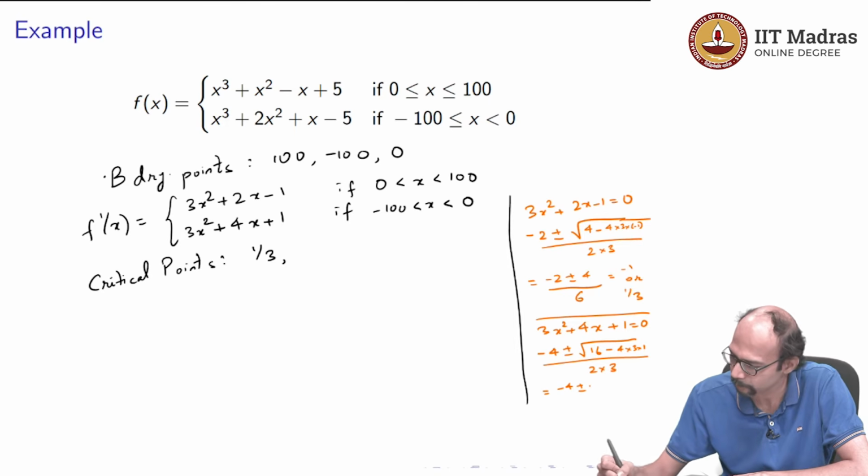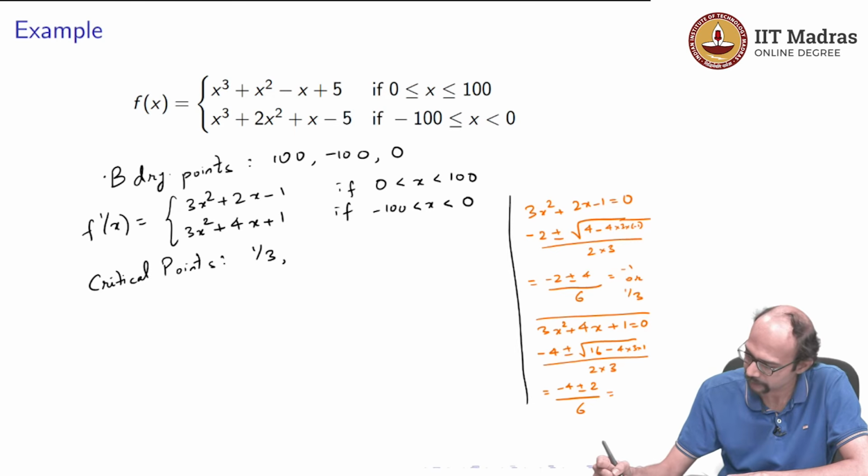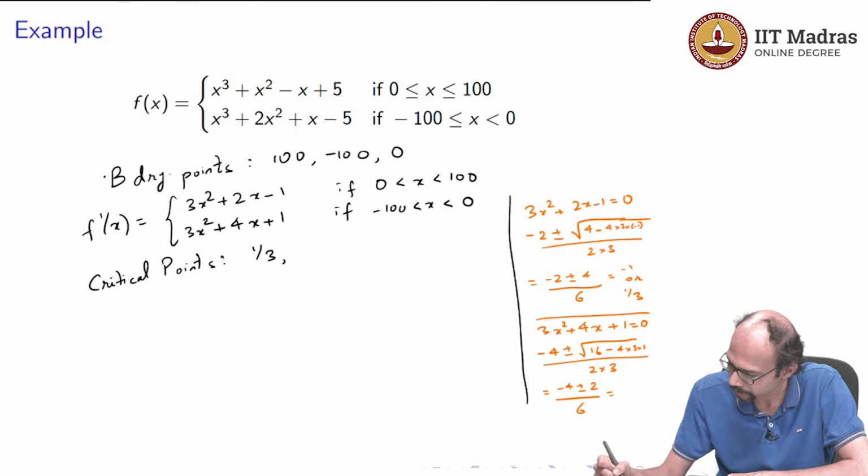You get minus 4 plus minus root of 16 minus 12, which is 4, and the root of 4 is 2, divided by 6. So the answers here are minus 4 minus 2, so minus 6 by 6, which is minus 1, or minus 4 plus 2, so minus 2 by 6, which is minus 1/3.